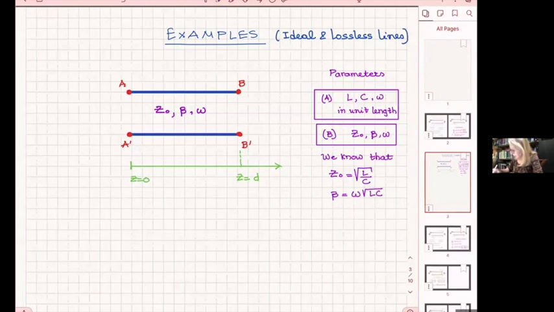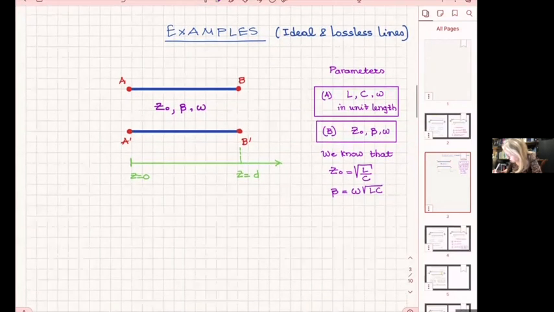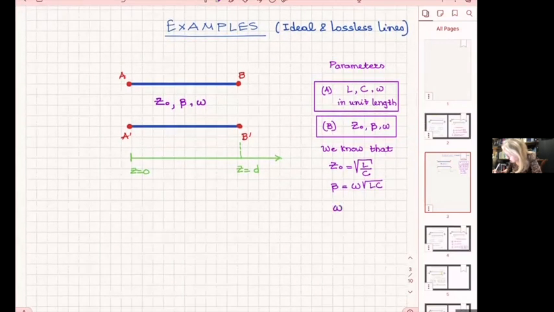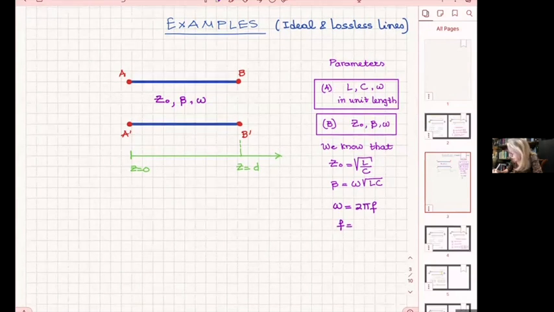There is a formula that beta is 2 pi over lambda, but let me remind you the following. Omega is 2 pi f. All right, and f is what? How are f and lambda related? Lambda is the wavelength. F times lambda is c.